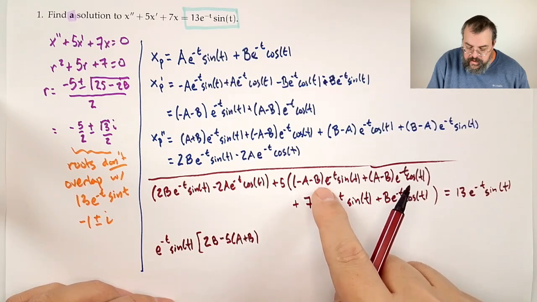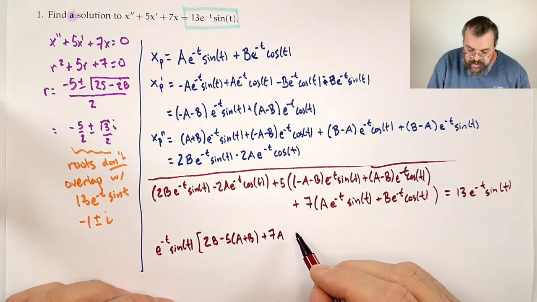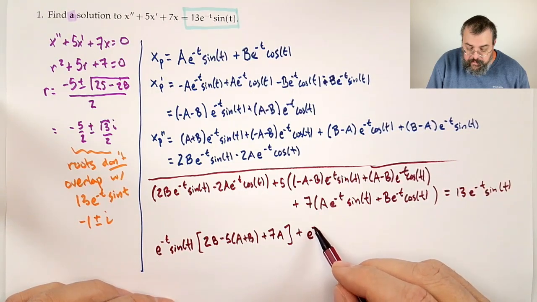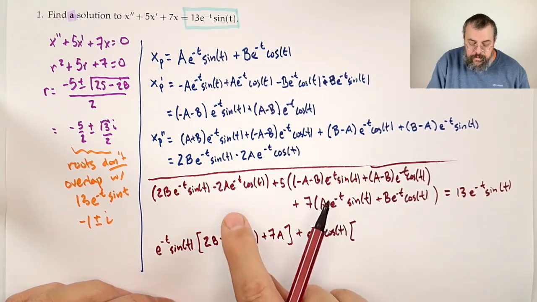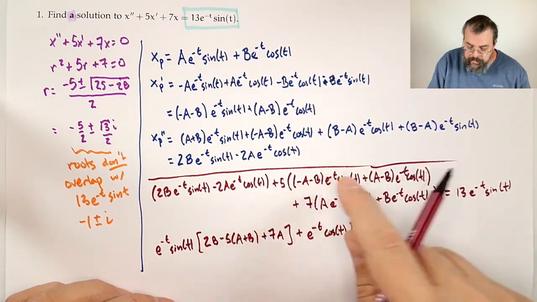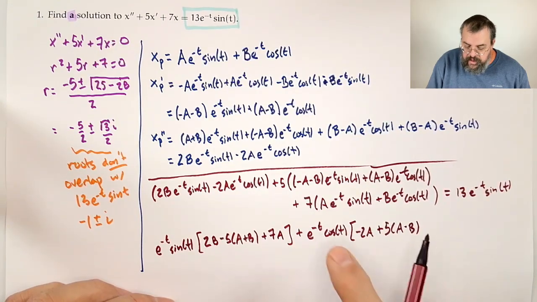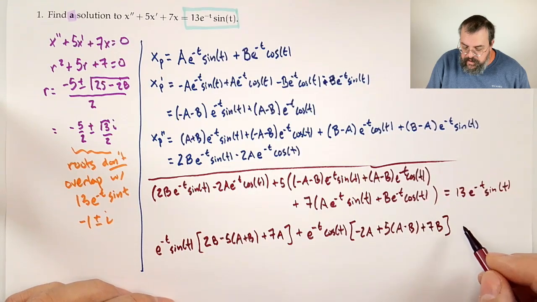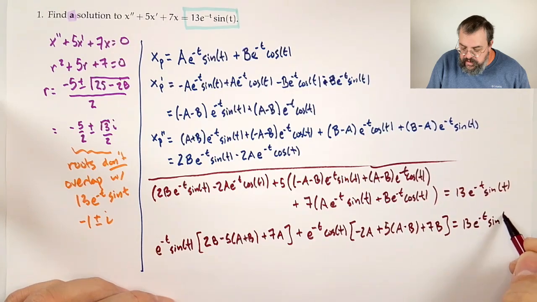And then there's the 7a. All right, and then we're going to add to that the e to the minus t cosine of t, and we have minus 2a, and we have plus 5 times a minus b, and plus 7 times b. All right, and all of that equals 13 e to the minus t sine of t.